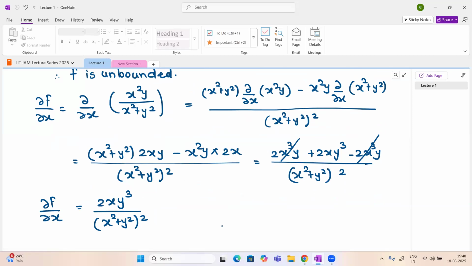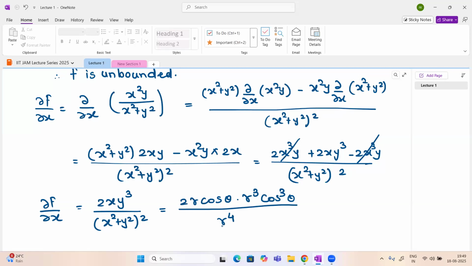Yes, sir. Okay, I will follow the same technique. Here also we have to check boundedness, so I will convert it into polar form. That means x is equal to r cos theta and y is equal to r sin theta. Put it here: 2 r cos theta, r cube sin cube theta, divided by r raised to 4.